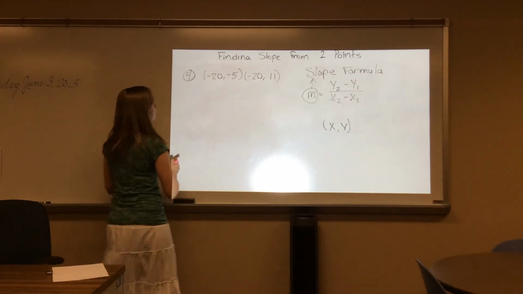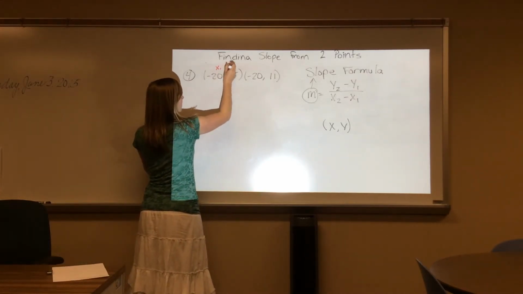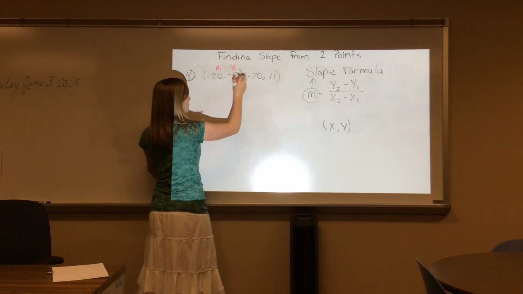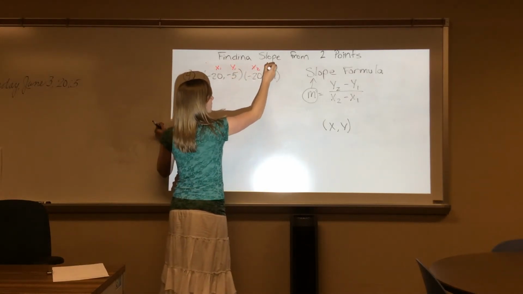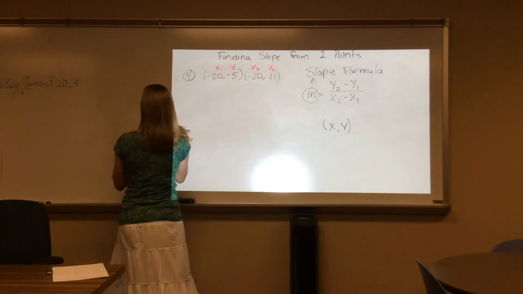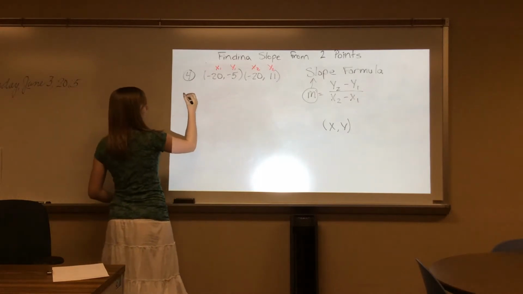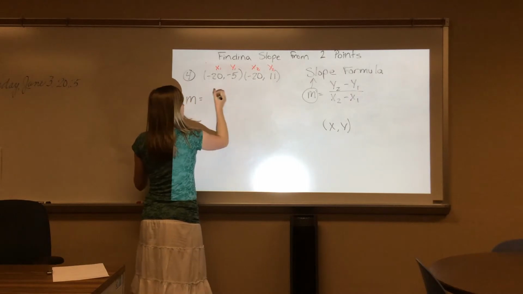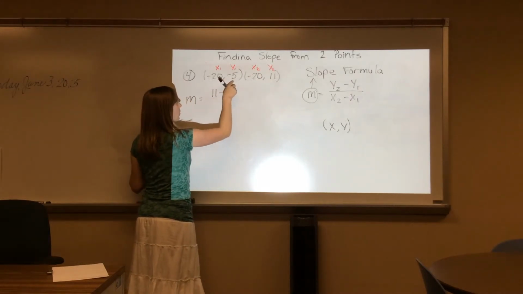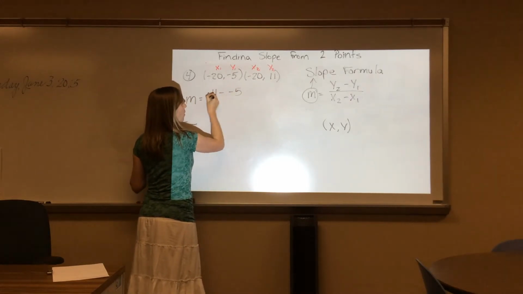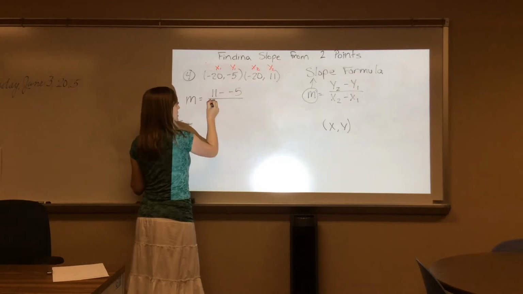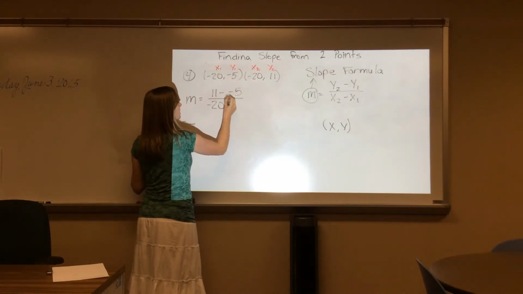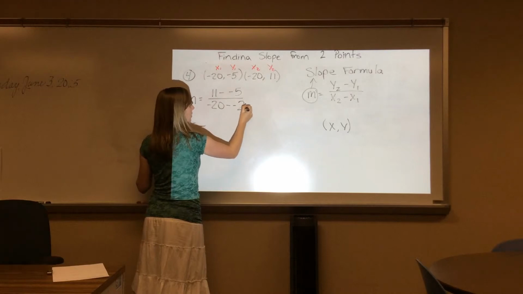Again, that first step should be labeling these coordinates. x1, y1, x2, y2. And then we can plug them into our formula. y2 comes first, which is 11, minus y1, which is negative 5, over x2, which is negative 20, minus x1, which is negative 20.